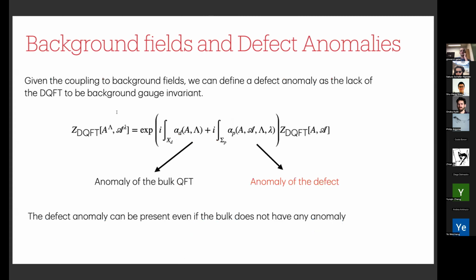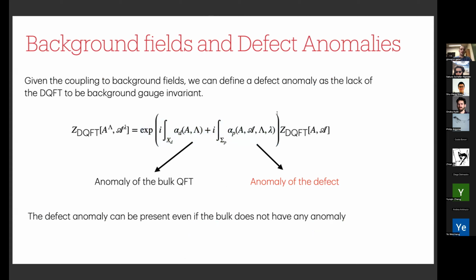Okay, so now that we have this notion of background gauge fields, we can define a defect anomaly in the standard way, just by saying that the partition function is not quite gauge invariant under background gauge transformation. And the lack of gauge invariance is detected by this phase, which is the anomaly phase.